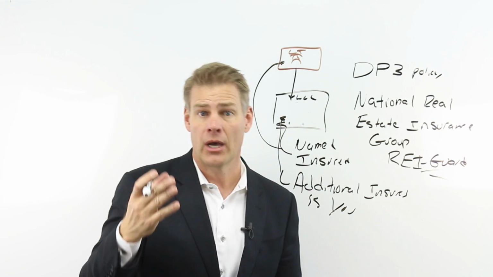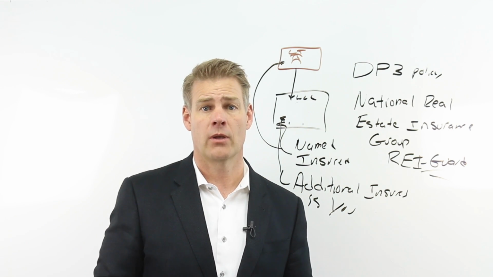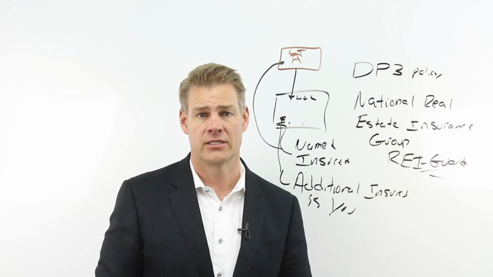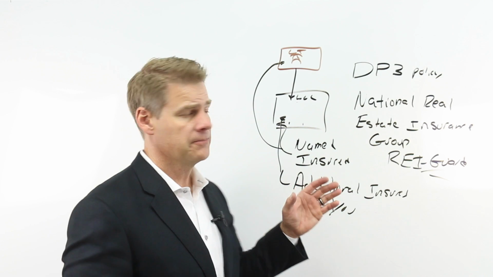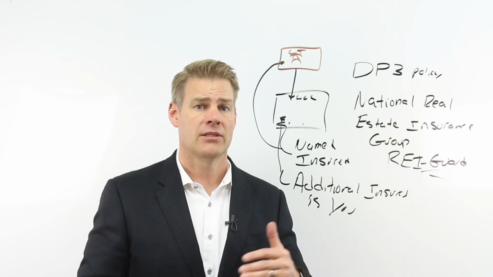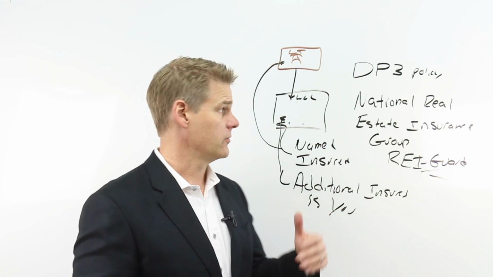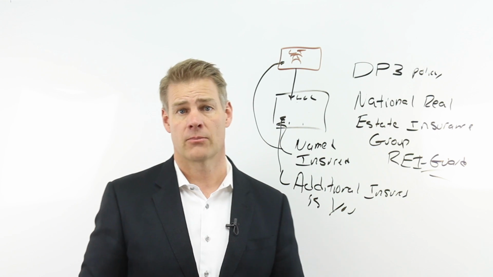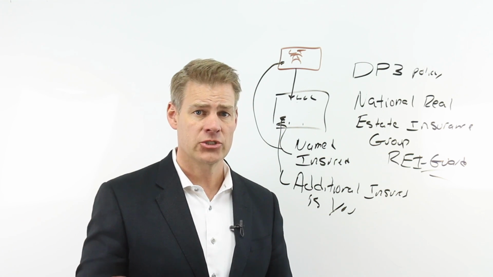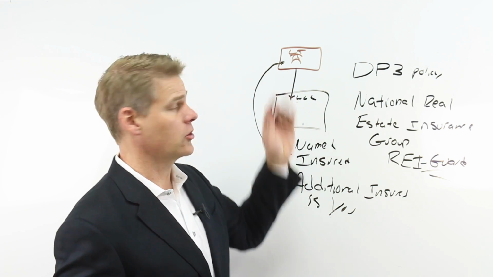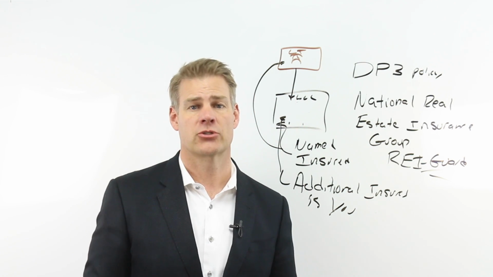And if they allow you to appoint yourself as an additional insured as well, make sure you're also listed as an additional insured. And this has to do with casualty loss as well as liability with regards to slips and falls, things like that on the property. It's really important that you have the liability protection as the additional insured, but the casualty loss is going to the named insured, which is the actual entity.